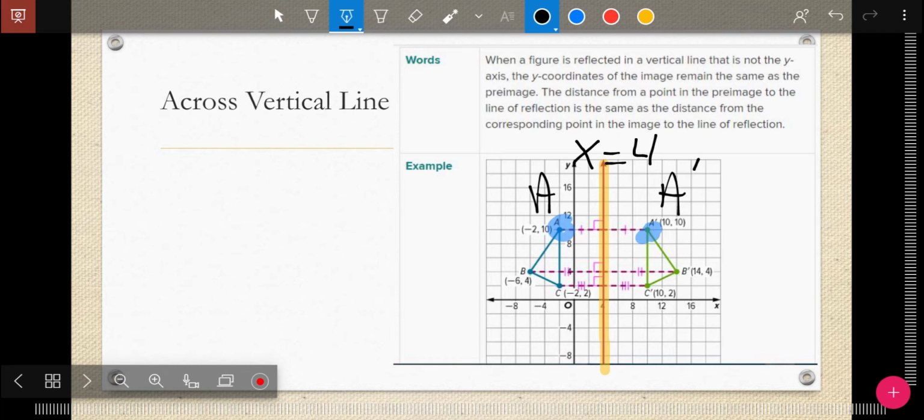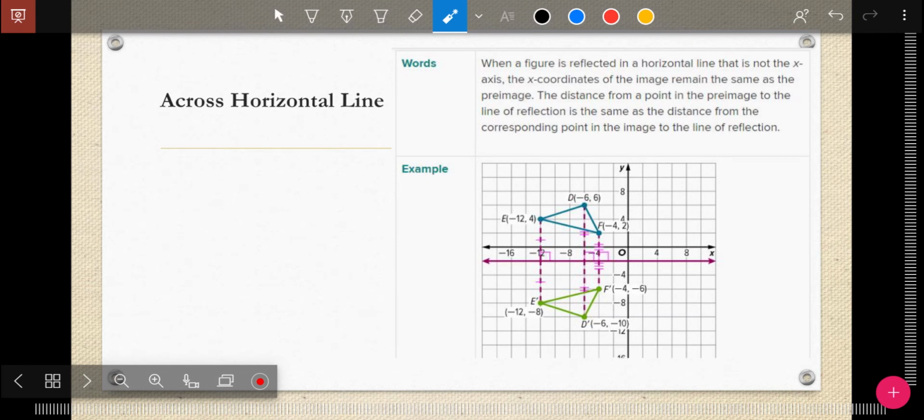I just count how far each point is. B was 1, 2, 3, 4, 5 over to the left, so I'm going to reflect from left to right. I count over to the right 5 and put my new B image. Same thing for C and C image. It's really easy to do if you make yourself a picture, and if they don't give you a picture, my suggestion is make yourself a picture.